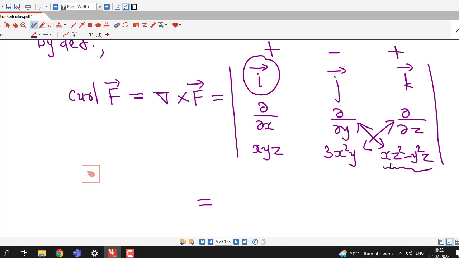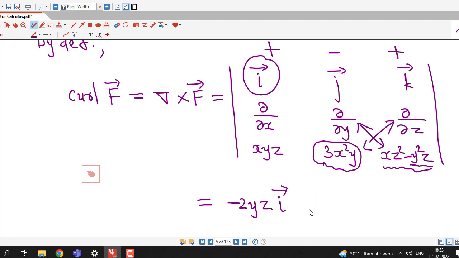So partial derivative of x z square with respect to y is 0, and partial derivative of minus y square z with respect to y is, z constant, derivative of y square is 2y, and this negative sign, minus partial derivative of this quantity with respect to z, and there is no z here, so partial derivative is 0. So we have only minus 2yz times i.